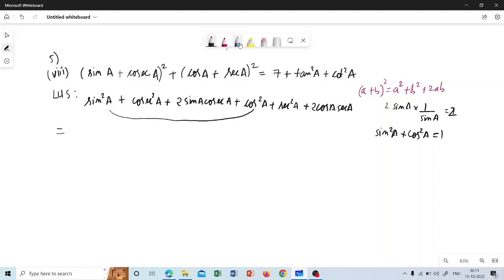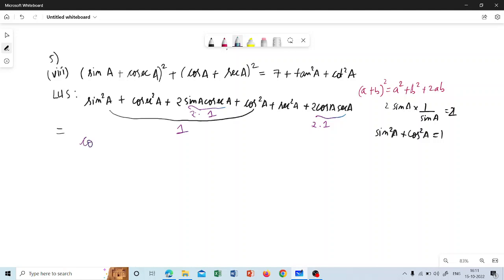Using a different marker, this is 1, this is also 1, so 2 into 1, and this one is 1. So the remaining terms I can write like this.